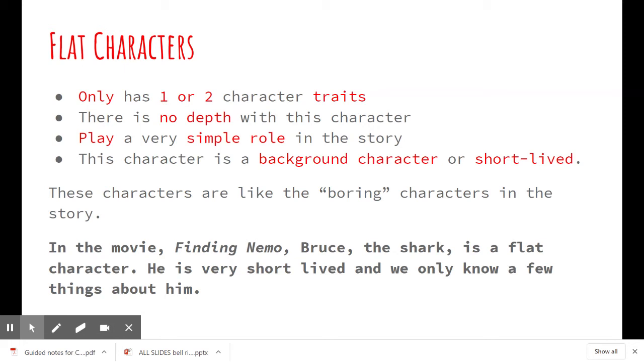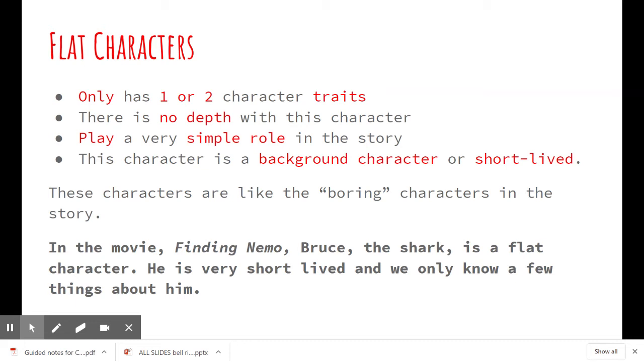In Rikki Tikki Tavi, the cousin to Chandra, his cousin, I can't think of what his first name was, but he lived in the garden and he was the one that knew that Nagina had her eggs in there. That character, who I can't even remember his name, would be an example of a flat character.